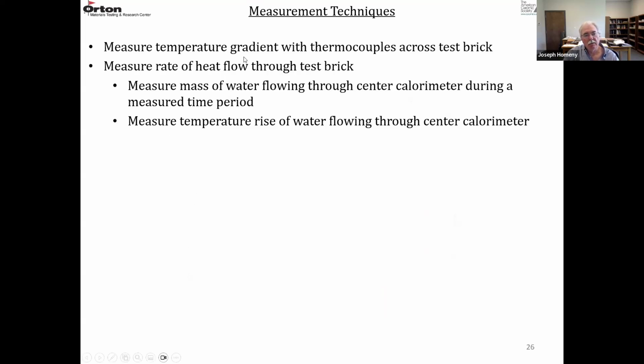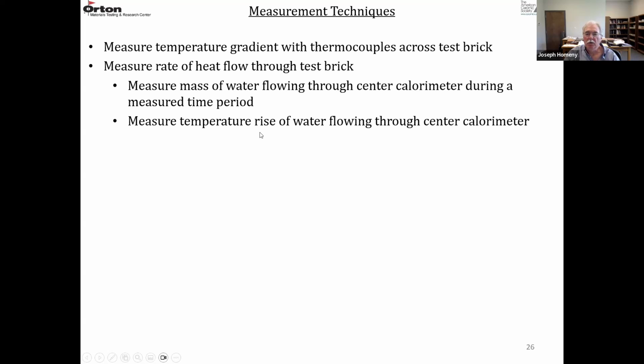So you measure the temperature gradient across the brick, which is the thermocouples in the hot and cold face. You measure the rate of heat flow through the test brick through that center calorimeter. So you simply measure the mass of water flowing through the calorimeter in some time period, usually about 3 minutes.